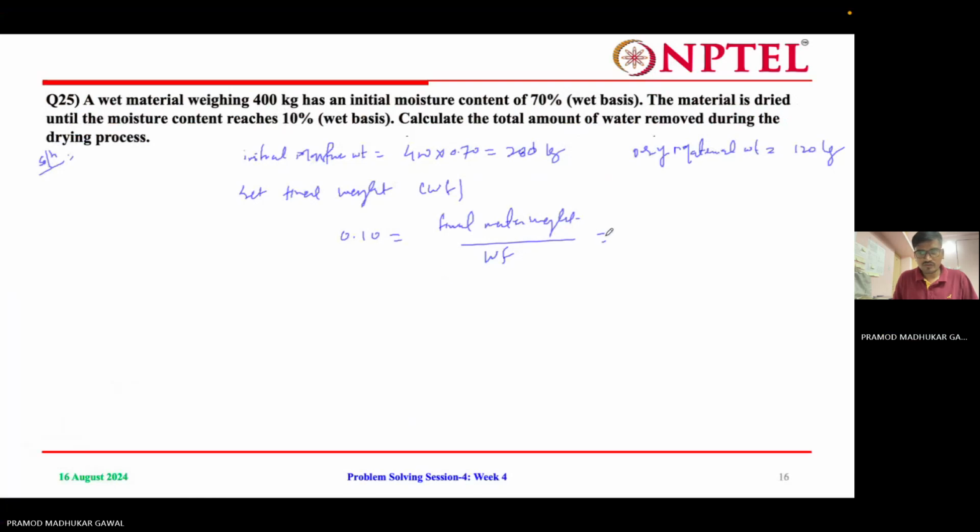So the final water weight is equal to 0.10 into WF, right? Now WF, the final weight, is equal to the dry weight plus the final water weight, for the final conditions.